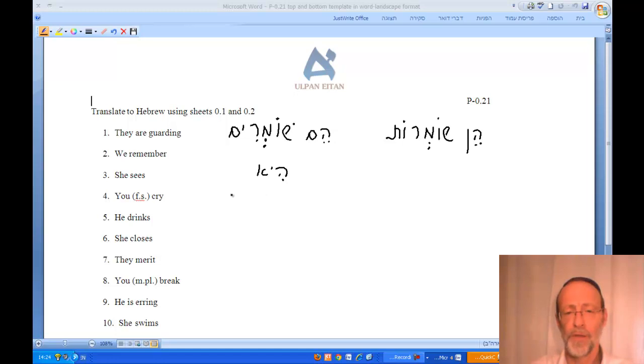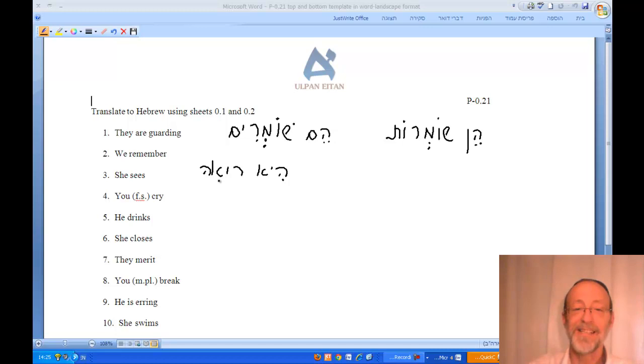He. Put in the dot just to be perfectly clear. Not necessary, but to be clear. And then I want to say sees. It could be she is seeing. Identical. I would write like this, unvowelized.